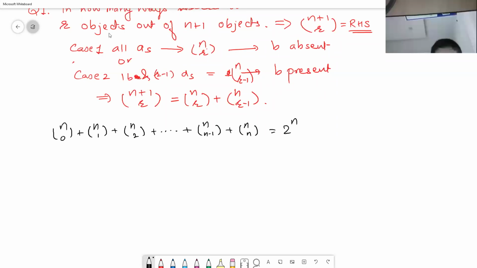Sir, does combinatorial proof mean using choose notation? Not really. Combinatorial proof is an experiment that you set up, by which if you count the same quantity in two different ways, you get the desired identity.